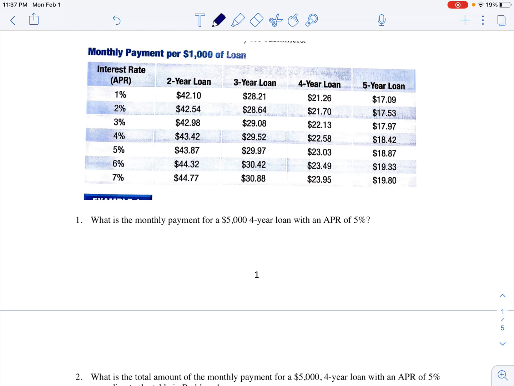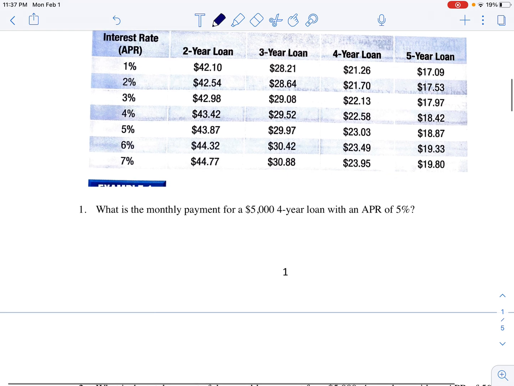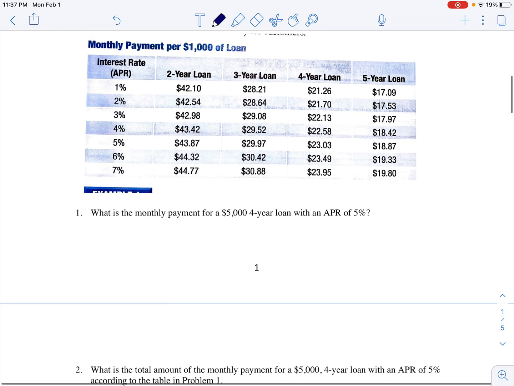Okay. So these are listed in thousands. Okay. So we're going to have to take 1,000. We're going to have to divide this by 1,000.